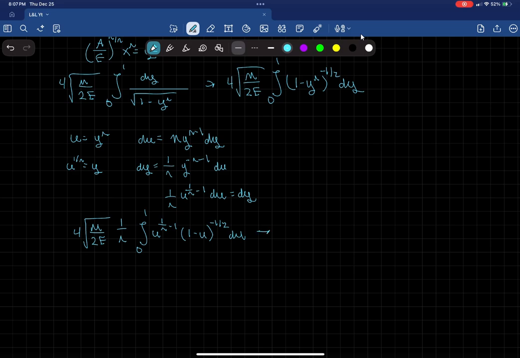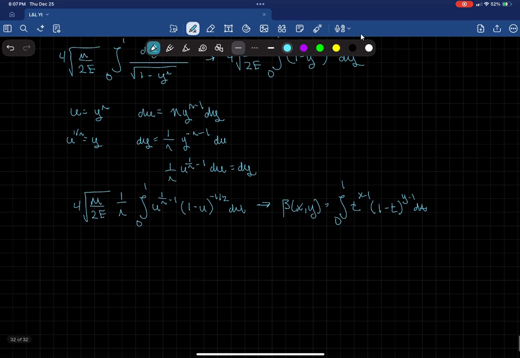And this is just an integral expression of the beta function. So beta of x and y is equal to the integral from 0 to 1 of t to the x minus 1 times 1 minus t to the y minus 1 dt. So here we can see that our x and y are 1 over n and 1 half, because 1 half minus 1 is negative 1 half. So this would be beta of 1 over n and 1 half.